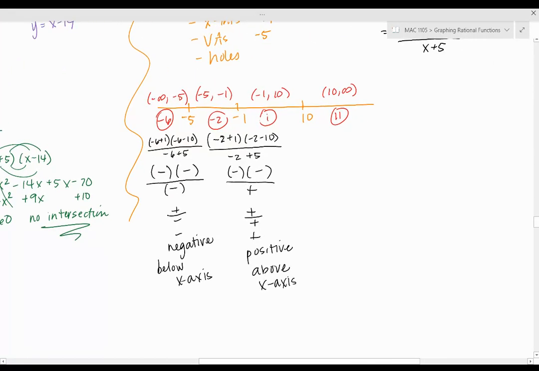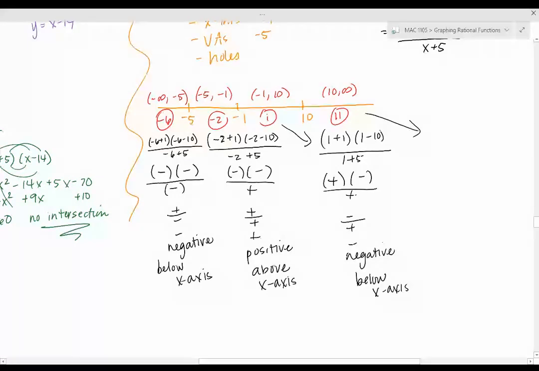All right, if we try the next one, move over a little bit. 1 plus 1, 1 minus 10, 1 plus 5, positive, negative, positive. Positive times a negative is negative. Over a positive, that's negative, which means I'm below the x-axis.